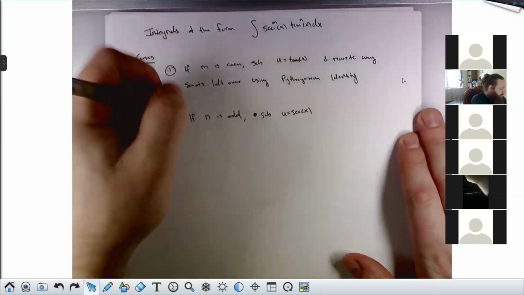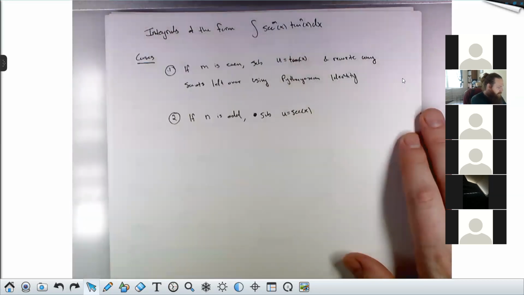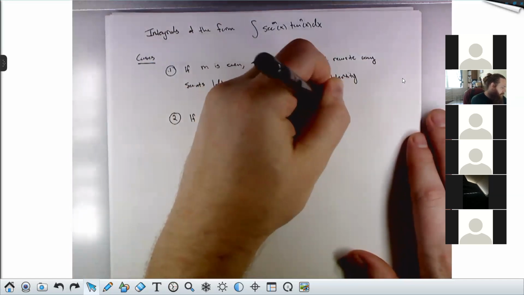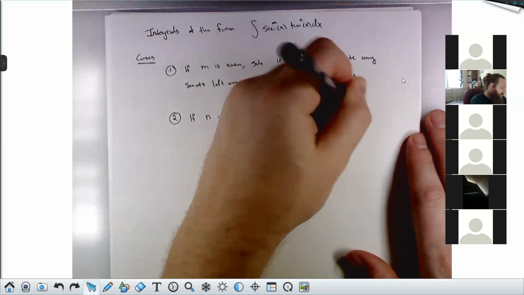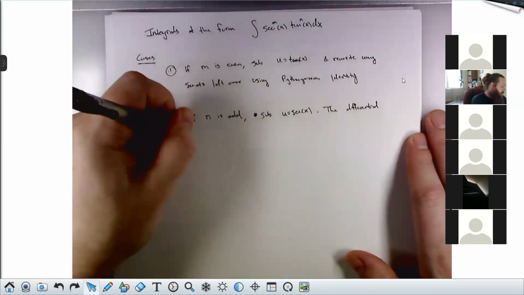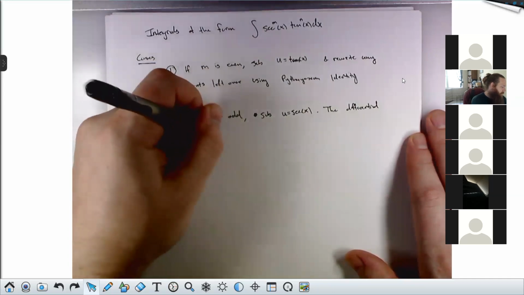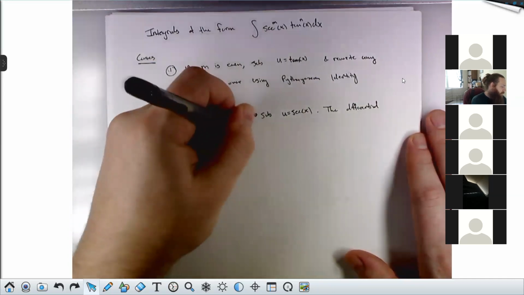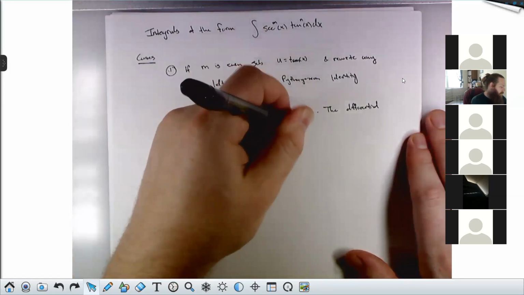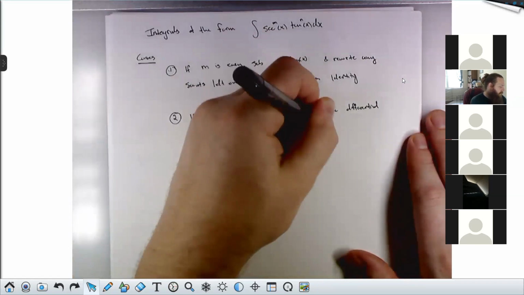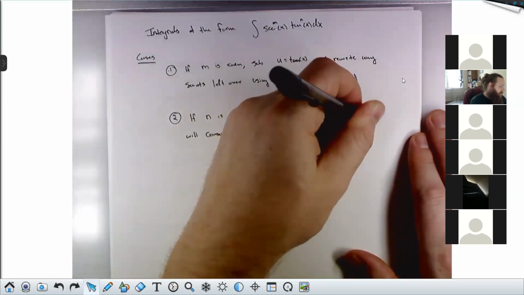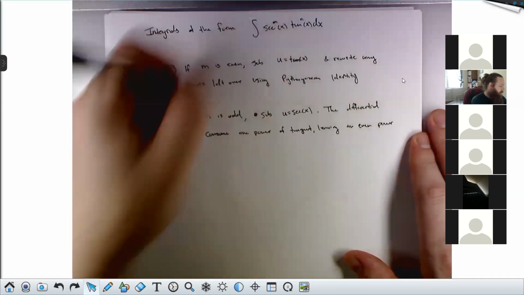Okay. So if n, which is the power of tangent, is odd, you sub u equals secant. The differential will consume 1 power of tangent, leaving an even power of tangent.